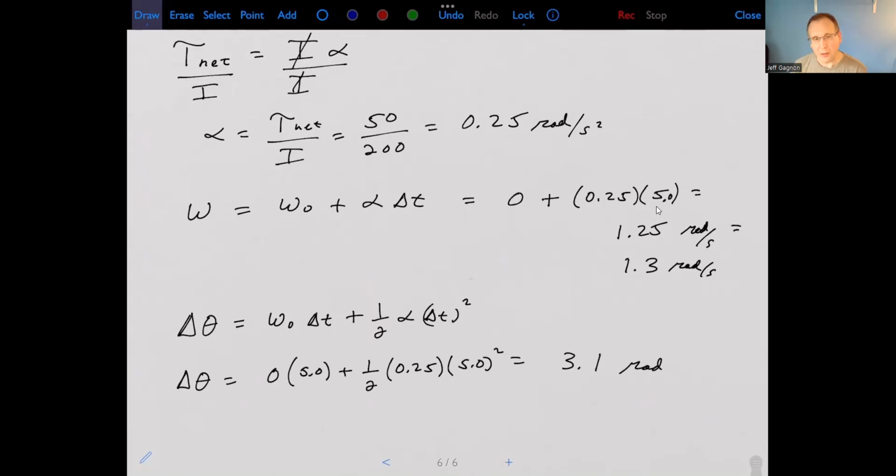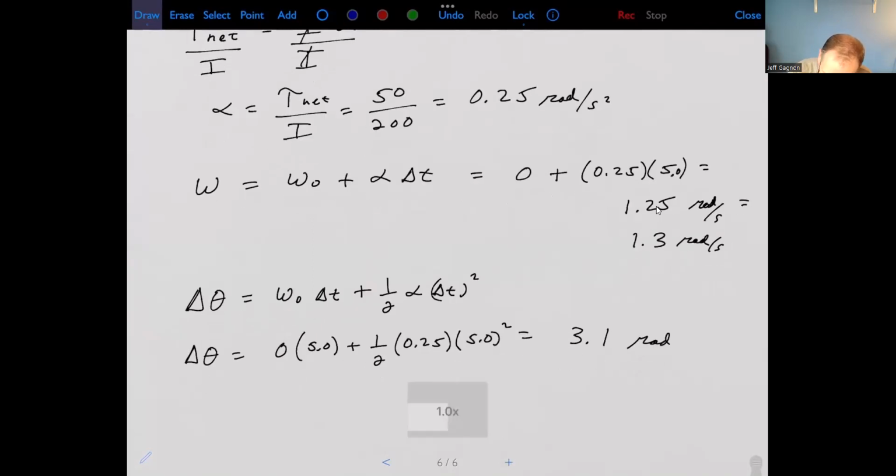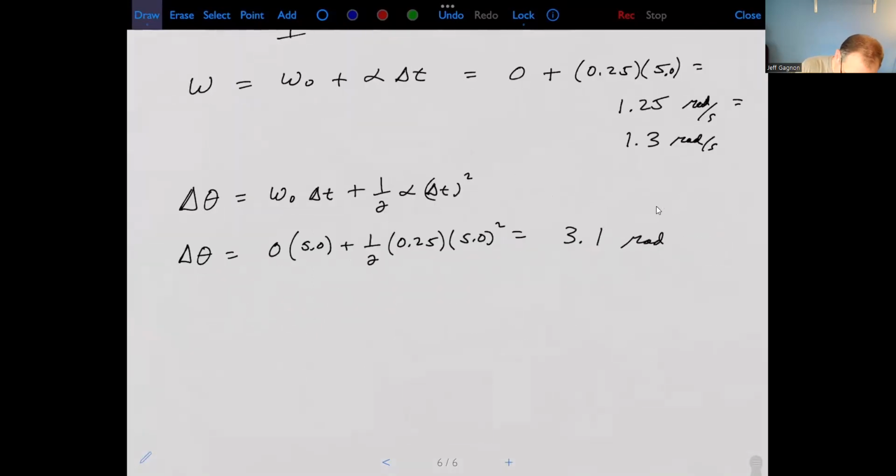Okay, so now I know that this wheel underwent a rotation of 3.1 radians in the 5 seconds. Not very far, right? But obviously, it kind of makes sense. A large merry-go-round would be tough to get started to get it to rotate. If you want to know how many rotations or revolutions this is, you could convert it. So I could take 3.1 radians and multiply.